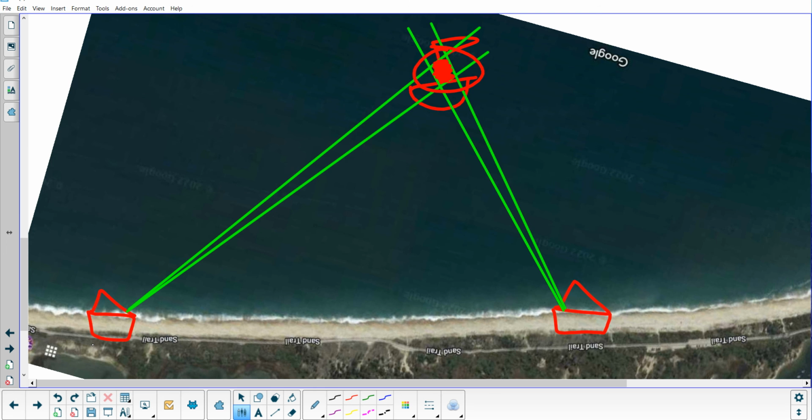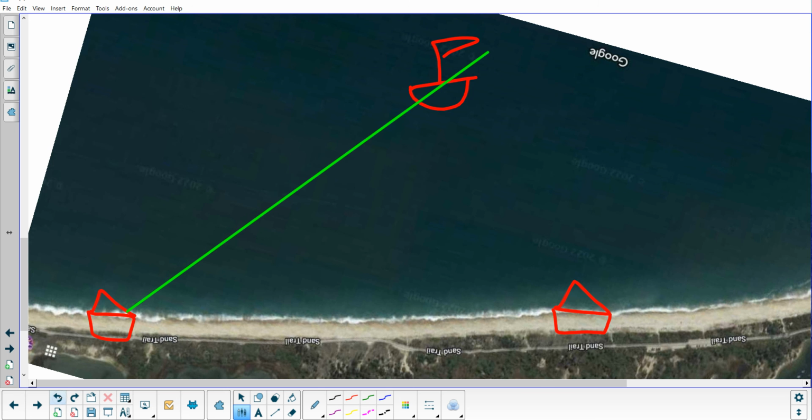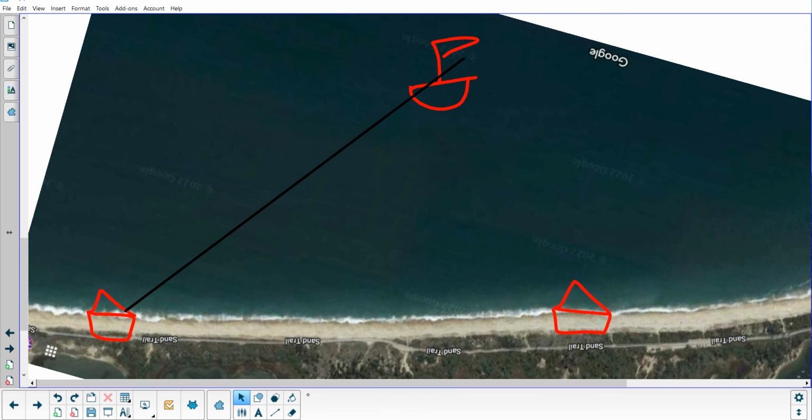So the further away the boat is, the bigger the search area gets. Now the Coast Guard would go out and search that entire area to try to find the boat. They have very specific patterns that they use to do that, but that's not really what we're going to get into. So again, we're going to keep it a little simpler, where we just have the two lines giving us an exact location.